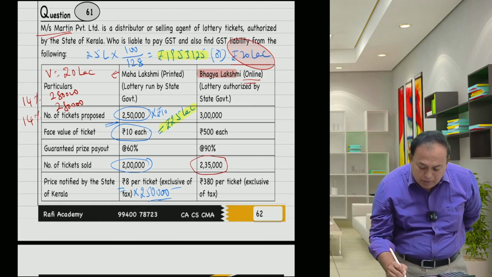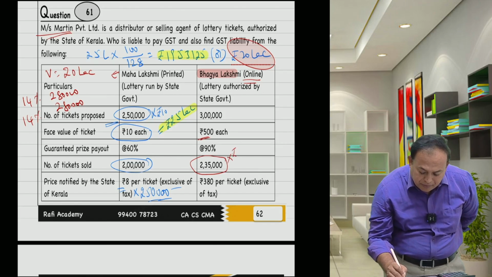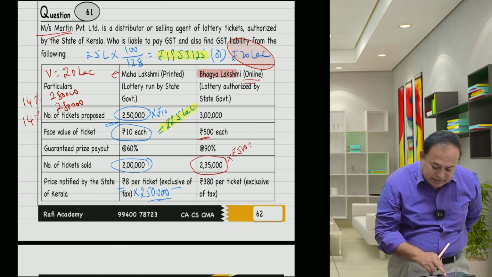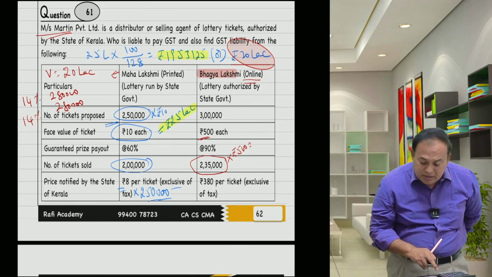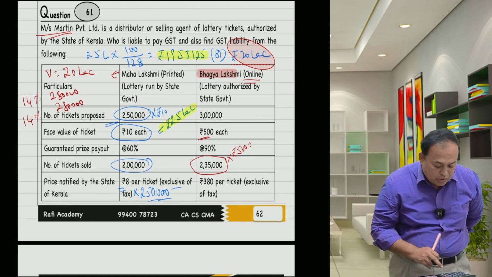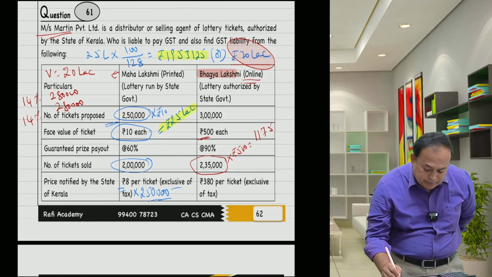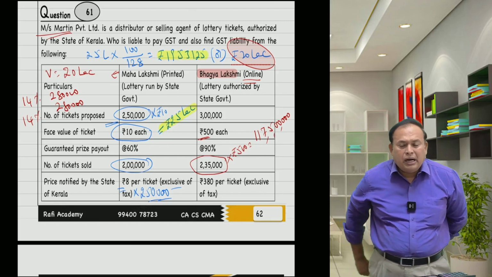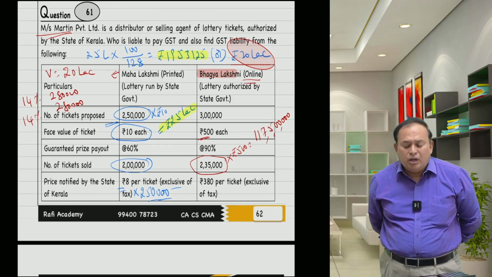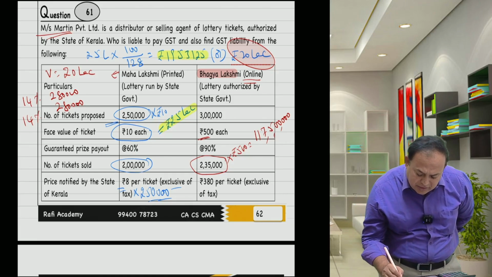Number of tickets 2,35,000, face value 500 per ticket, inclusive of GST, which is equal to how much? 2,35,000 tickets supplied multiplied by 500 equals, it comes almost to 117... What we can call here is 11 crores 75 lakhs, can I say?